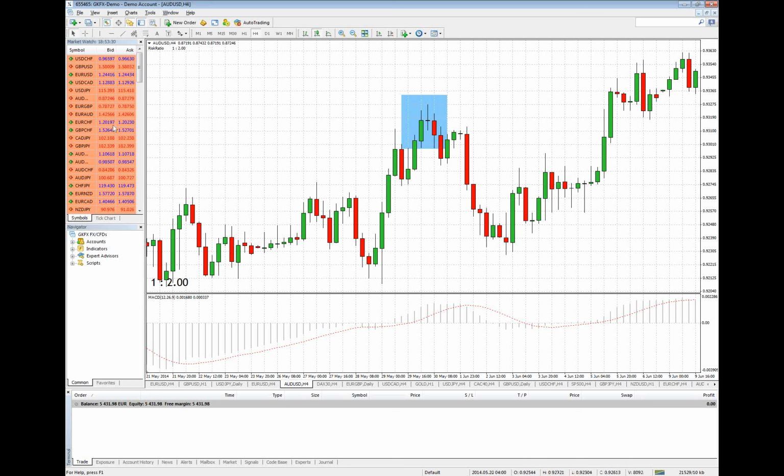And it was my last example. If you are really interested in candlestick patterns, I advise you to go on your chart and try to spot this kind of patterns and candlesticks that I was showing you during this presentation.